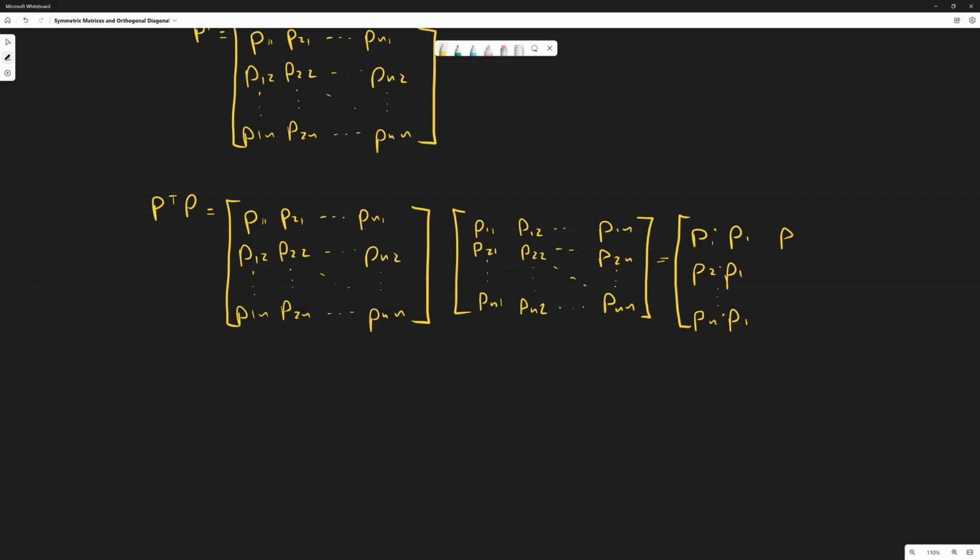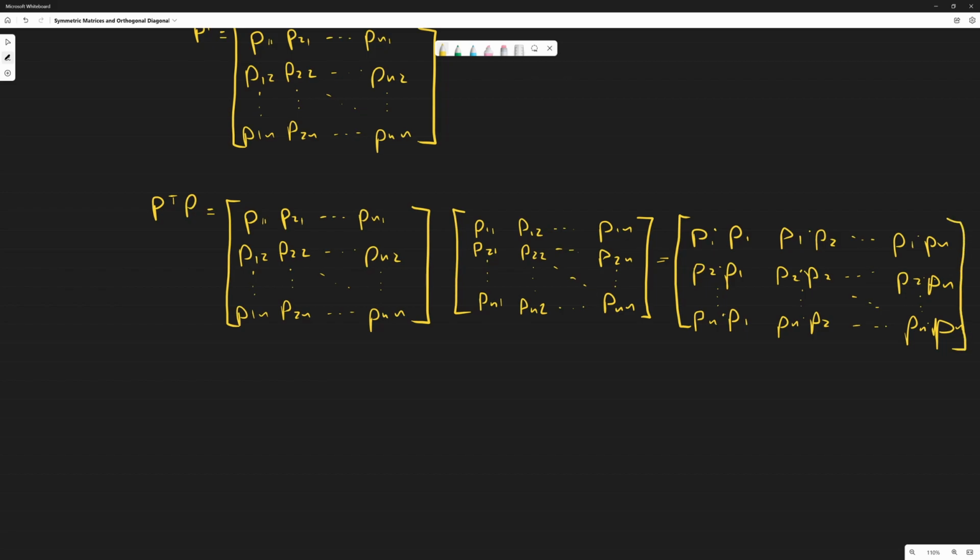Then P1 dotted with P2, P2 dotted with itself, all the way down to Pn dotted with P2. And all the way to P1 dotted with Pn, down to P2 dotted with Pn, and Pn dotted with itself.